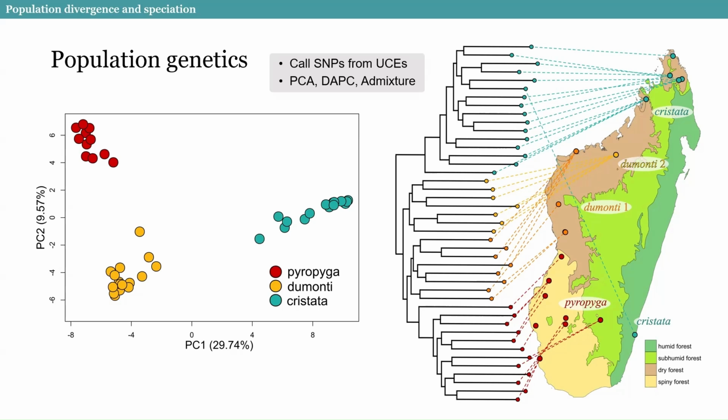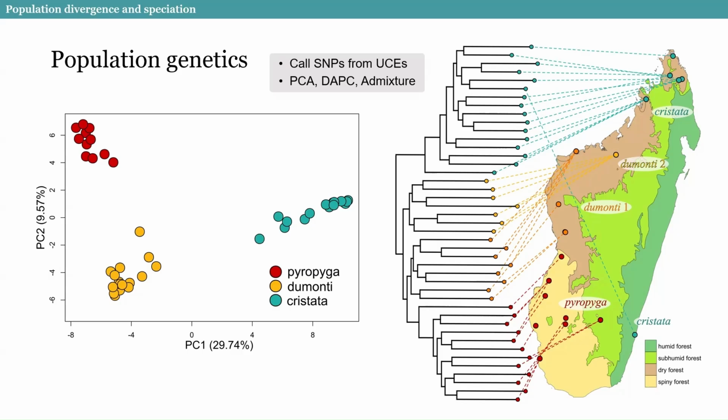And what both of these are showing you is we do have three pretty well-defined groups that do correspond to those previously described subspecies. So that's unsurprising, makes sense.